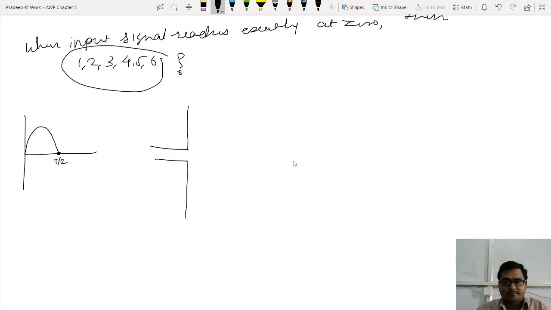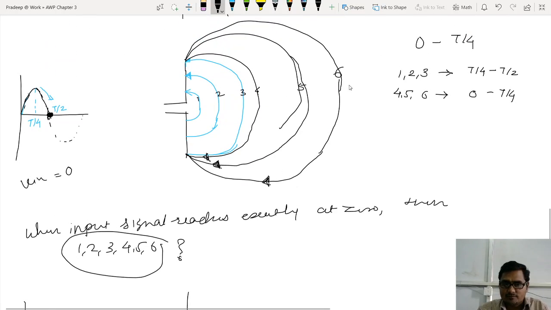These lines, 1 2 3 4 5 6, will get combined with each other. Like line number 4 will get combined with 1. Look at this, and it will form a structure like this. 2 will get combined with 5, is it? And 6 will get combined with 3. Like this they form a loop.